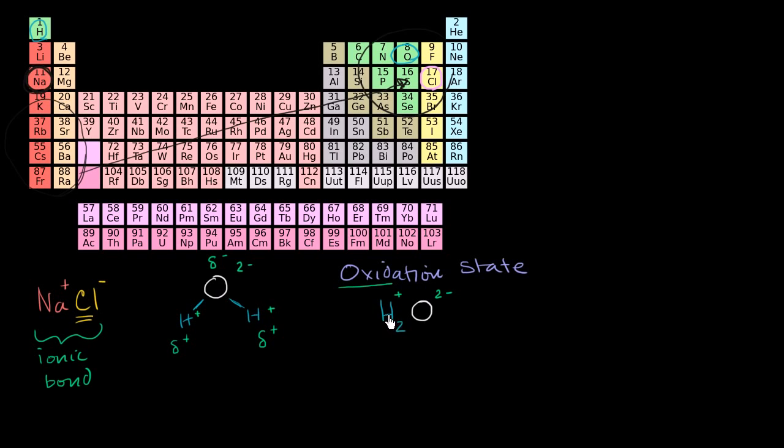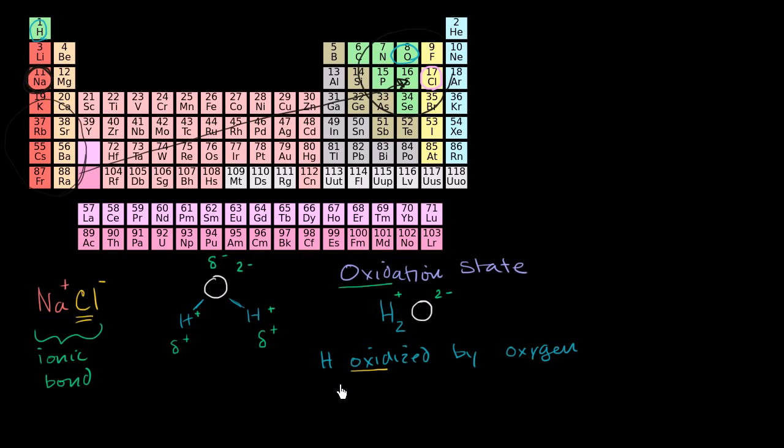Each of these hydrogens lost an electron to oxygen, so it makes sense that we say each hydrogen got oxidized by oxygen. It makes sense that oxygen would oxidize something else. Some operation was done to it, the charge was taken away by oxygen, so it got oxidized.